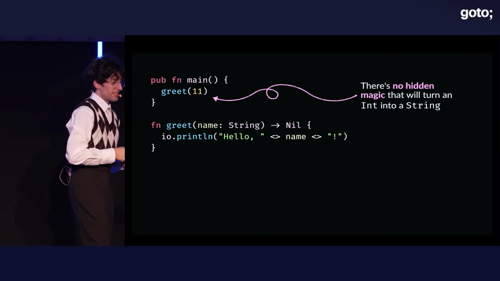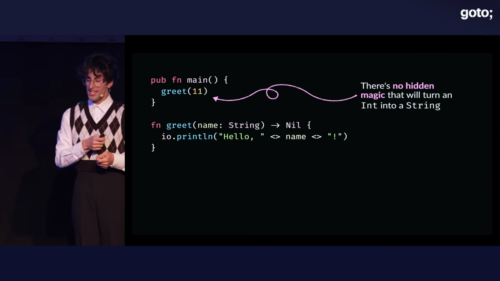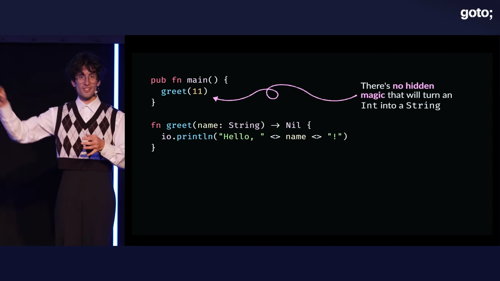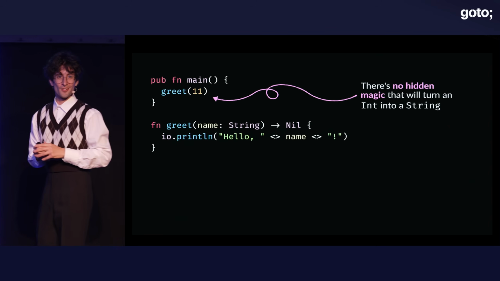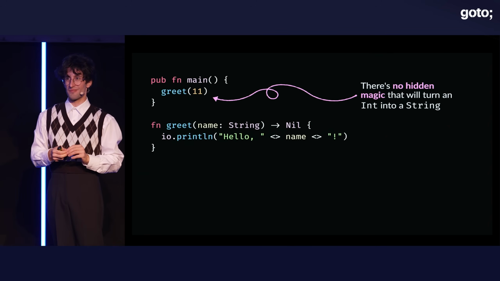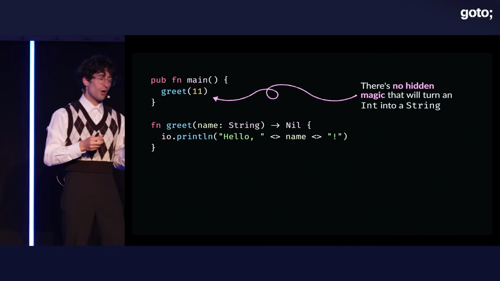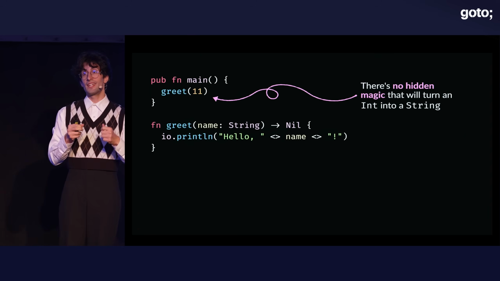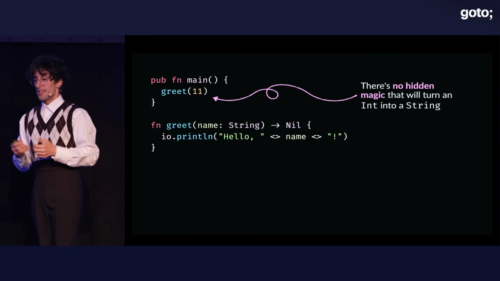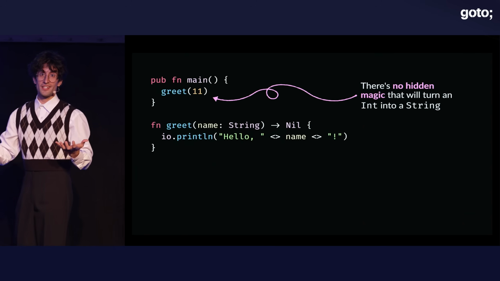And most notably, in many languages, you would be able to do something like this, to pass an integer, and that gets magically mushed into a string or something that can then be printed automatically. And here we get to one of the many core philosophies of Gleam. That is, Gleam is an explicit language. There's always this tension when you're designing a language.